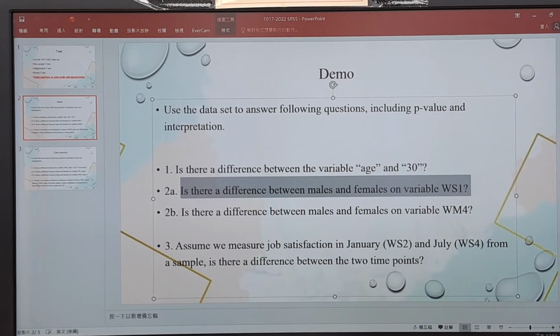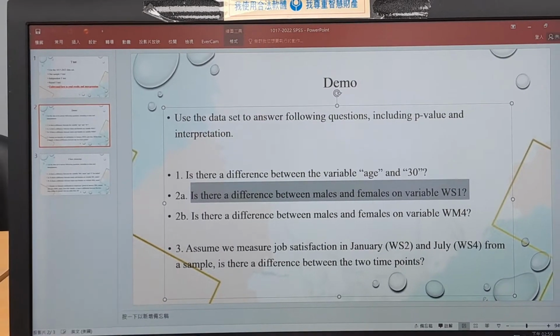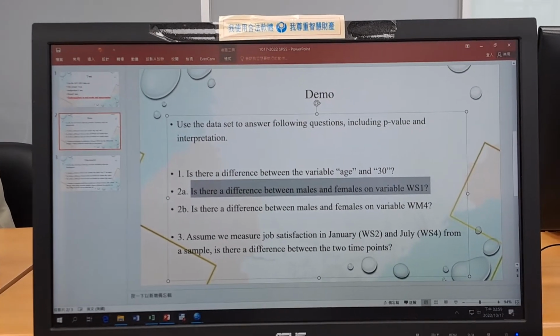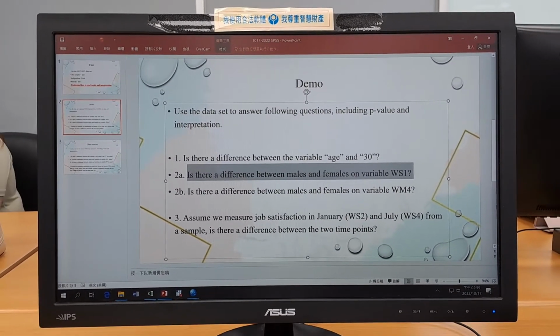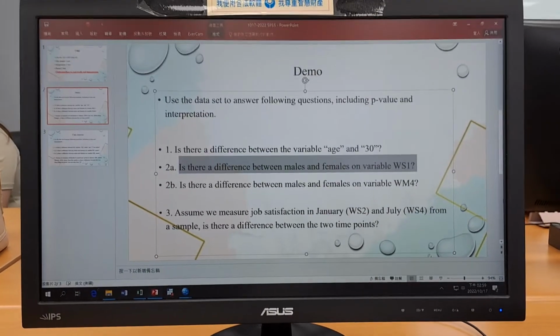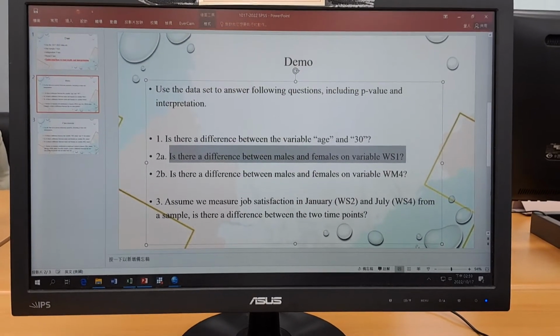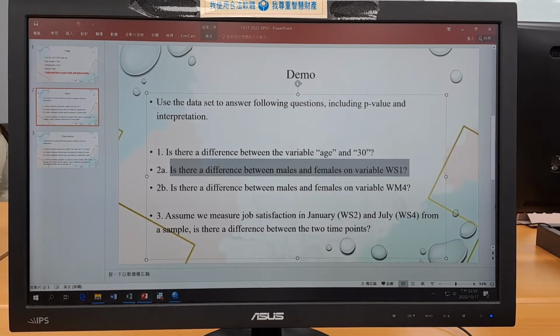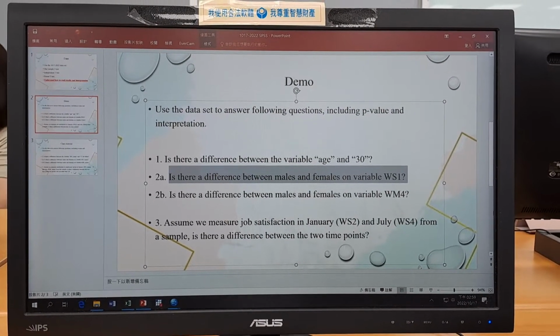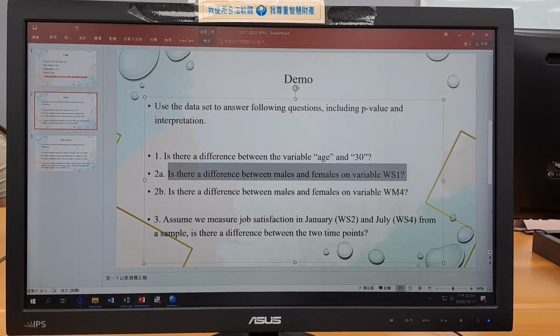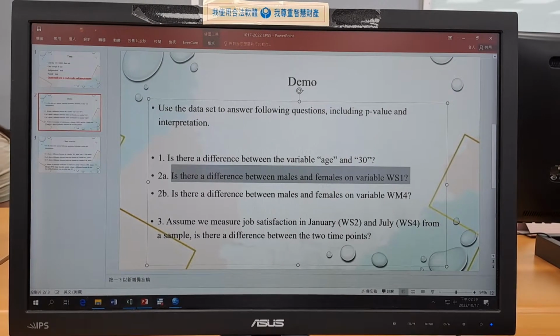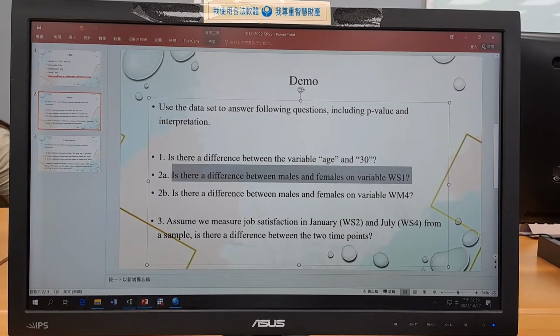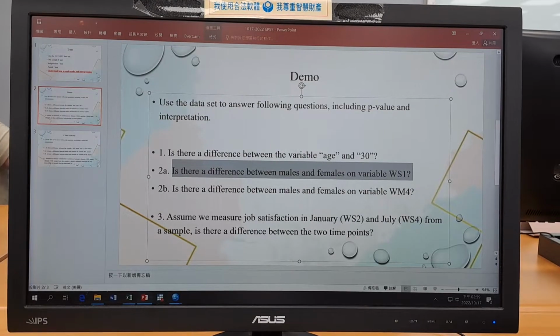Based on this question, how do we address our null hypothesis? Winnie, could you tell me, according to this question, how do we address our null hypothesis and alternative hypothesis?